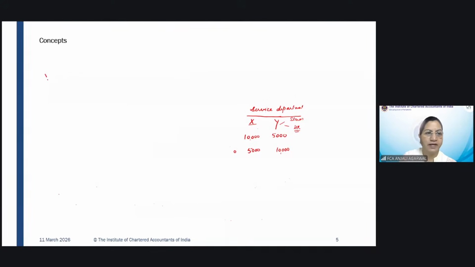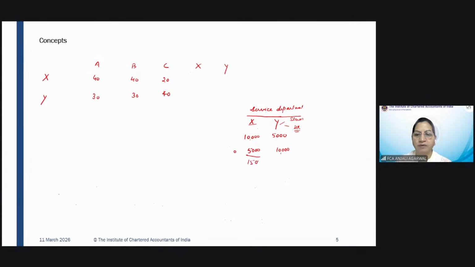So once again, in secondary distribution, the expenditure of X and Y can be divided amongst ABC, let's say 40, 40, 20, and Y is 30, 30, 40. This is percentage. So in that case, there is no problem. Why?